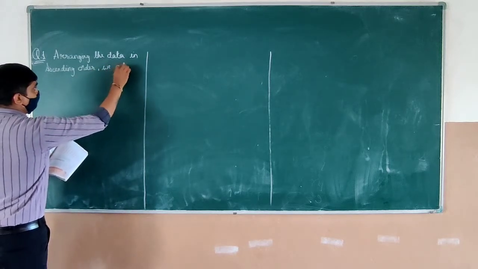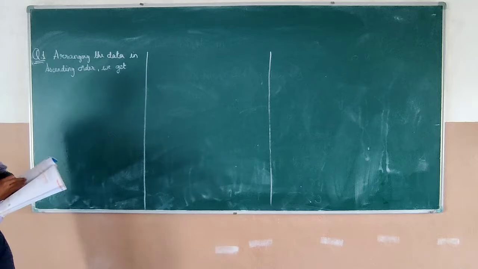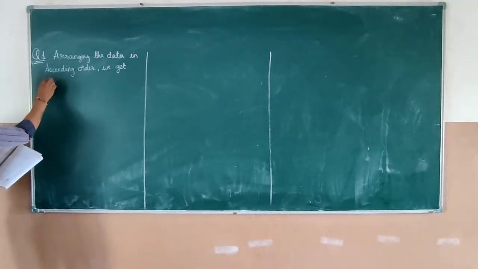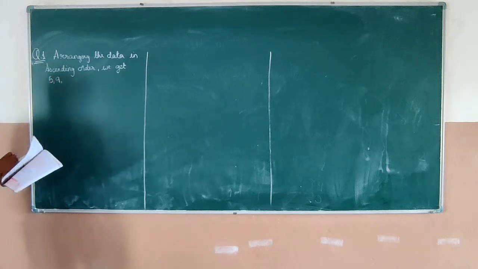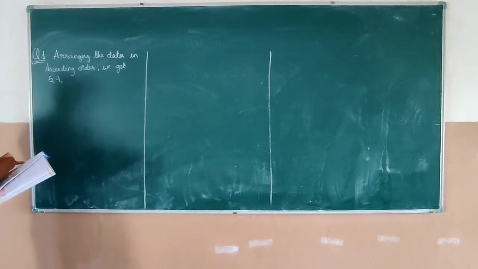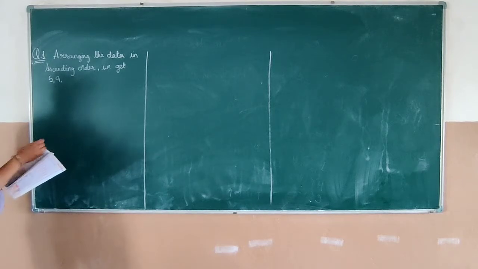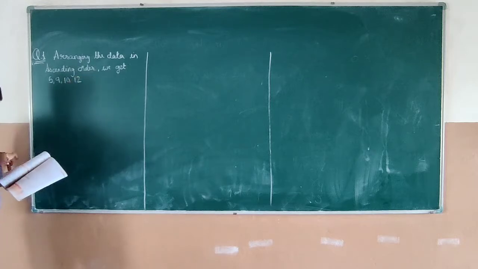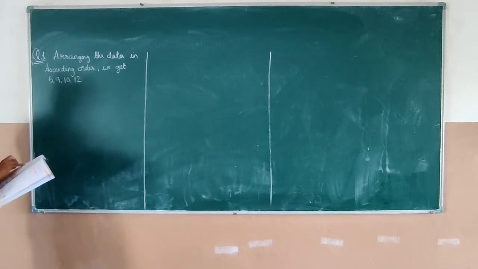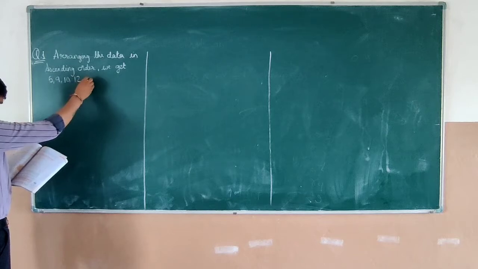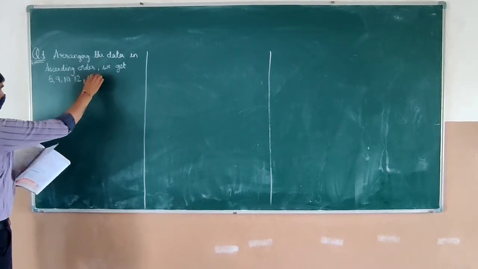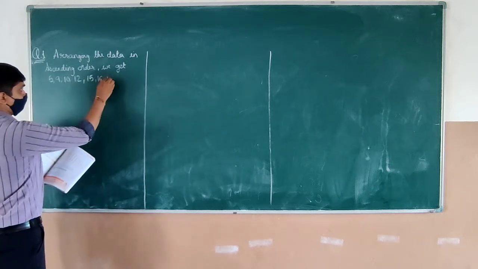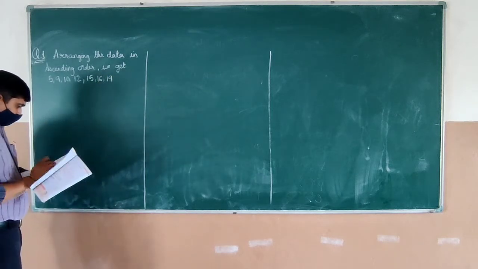We get, this is the smallest one among them, 5. After 5, 9, which comes only one time. Then 10, then 12, then 15, then 16, then 19, then 20.